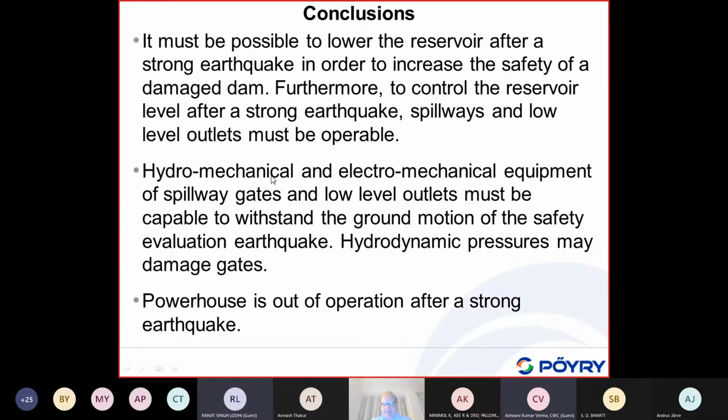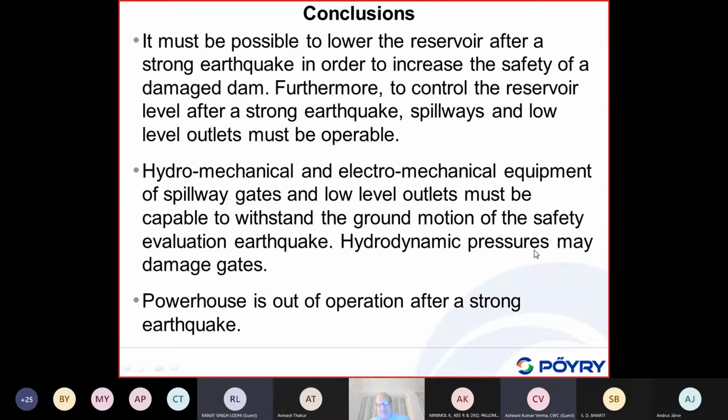Hydromechanical and electromechanical equipment of spillway gates and low-level outlets must be capable to withstand the ground motion of a safety evaluation earthquake. Because it must function after the earthquake, it must be possible to operate some of them, to release the water, to prevent or to protect the dam from overtopping, which is the most critical, of course, for embankment dams.